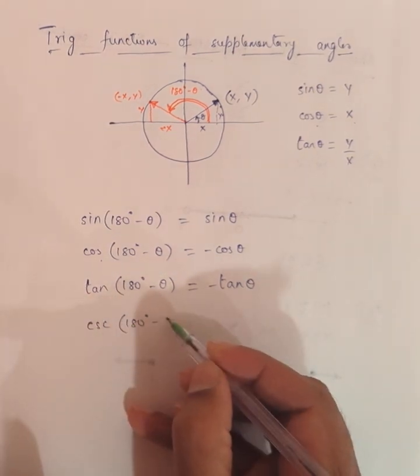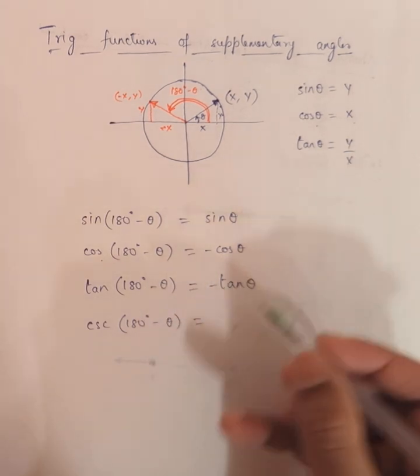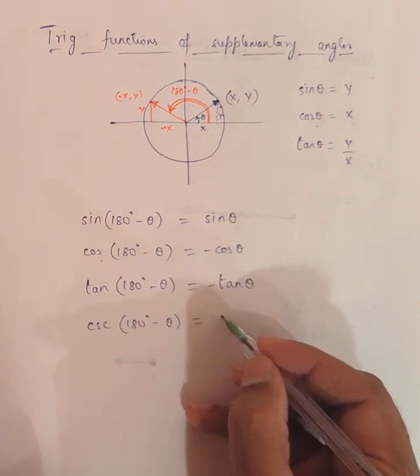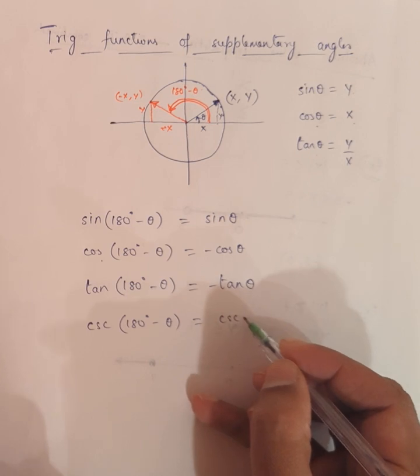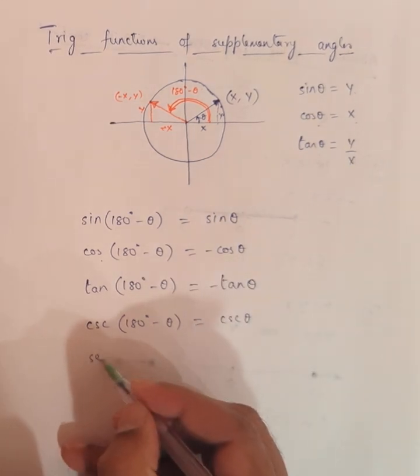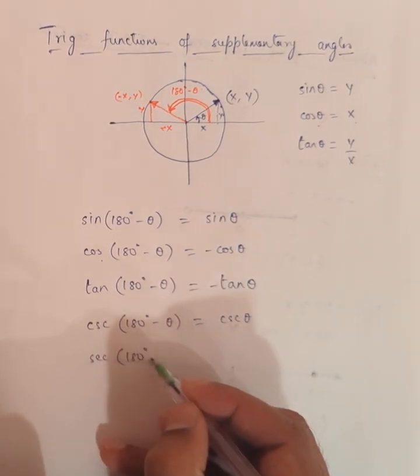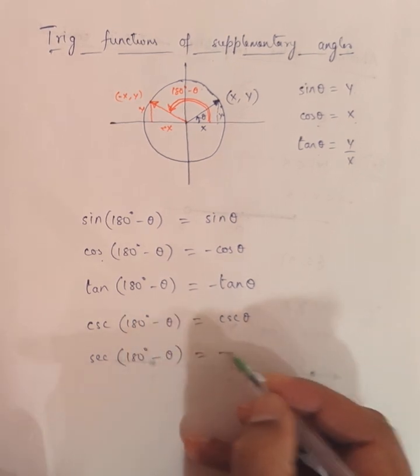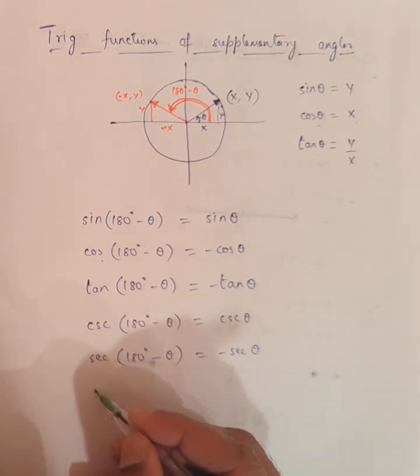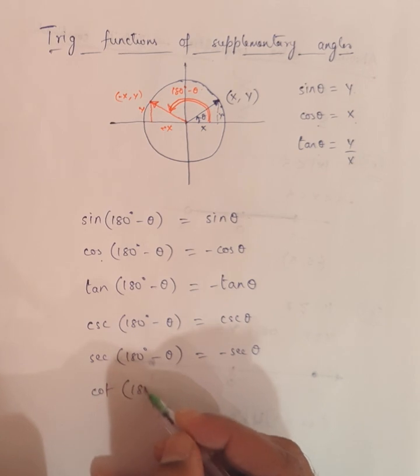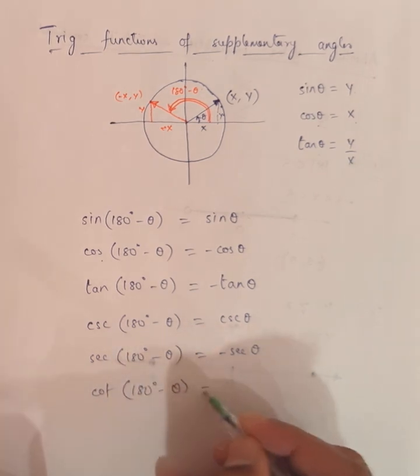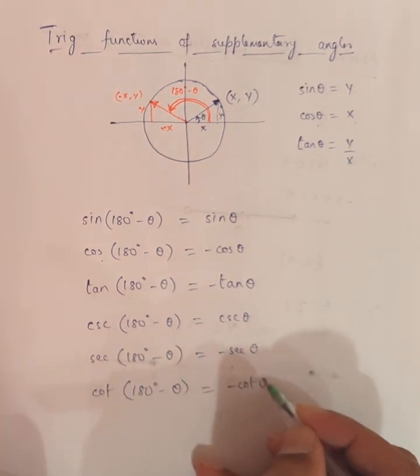If sine is positive, cosecant will also be positive. So it's going to be the same as cosecant theta, and secant of 180 degrees minus theta would be negative secant theta. And cot of 180 degrees minus theta would be negative cot theta.